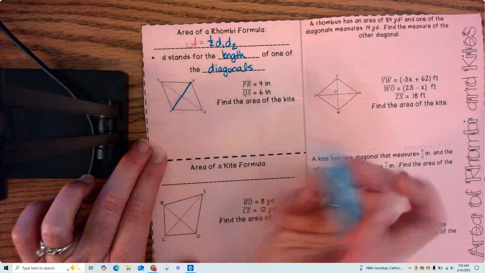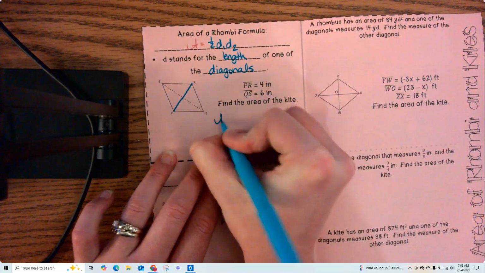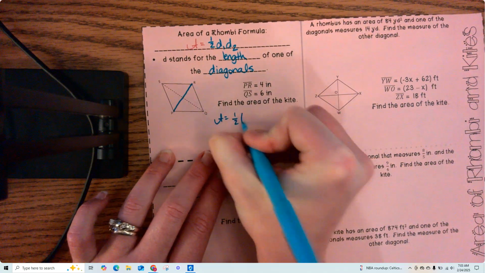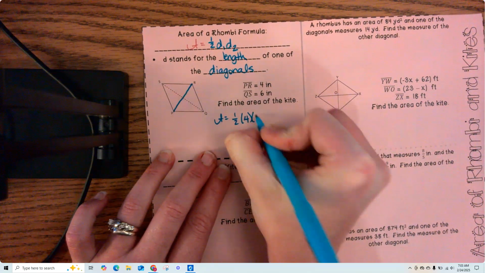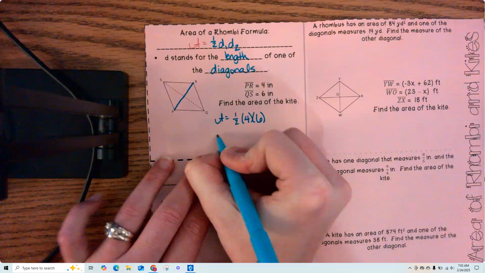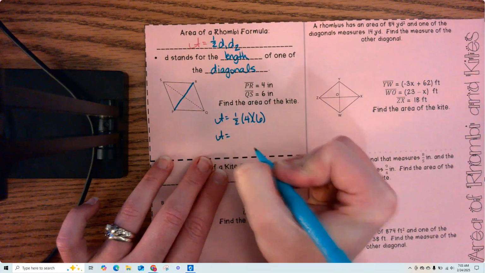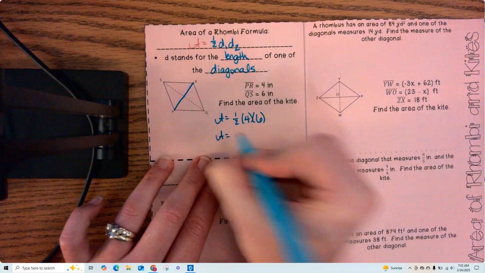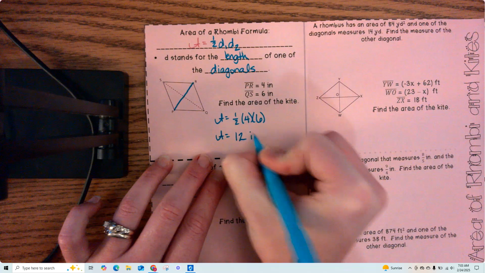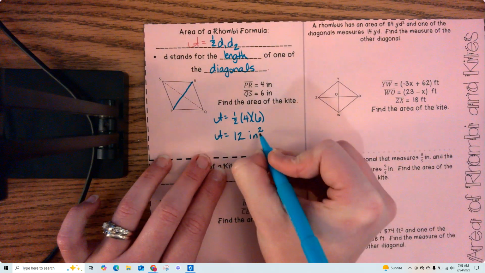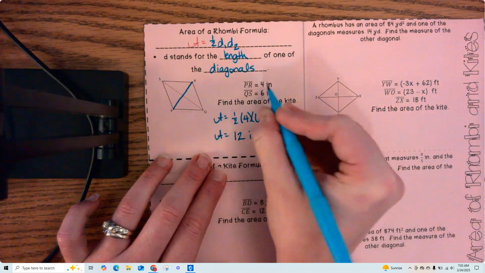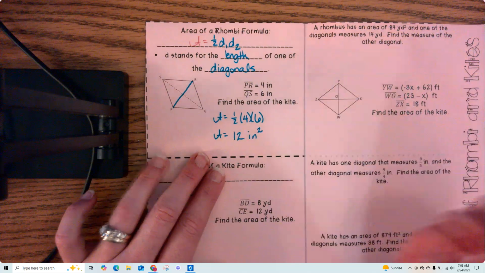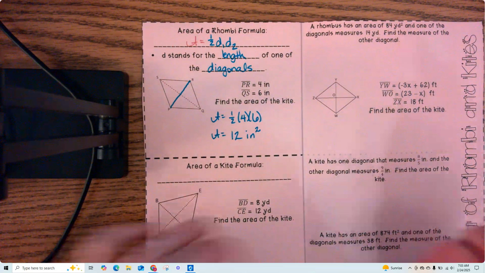Those are the two diagonal lengths. To find the area, we would just do half of one diagonal times the other diagonal. 4 times 6 is 24. Half of 24 would be 12. And then area we write in square units. So if these are inches, then our area is going to be inches squared.